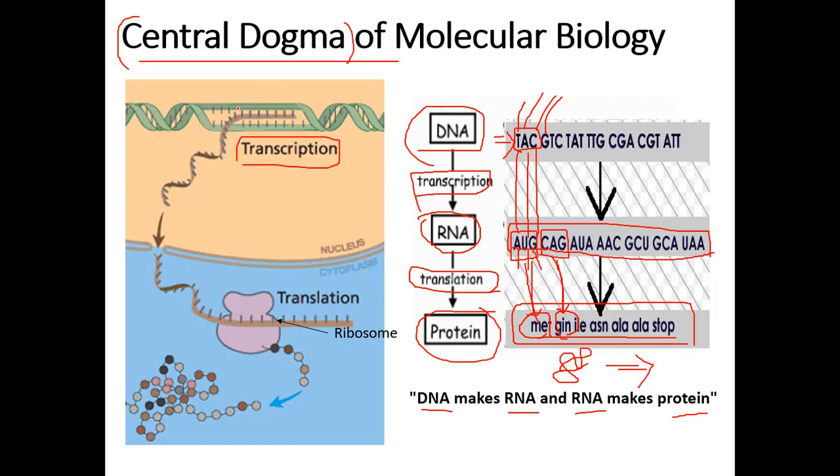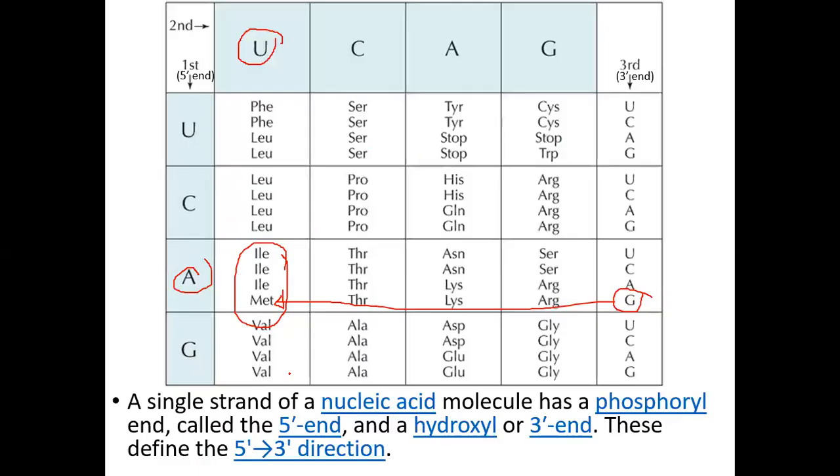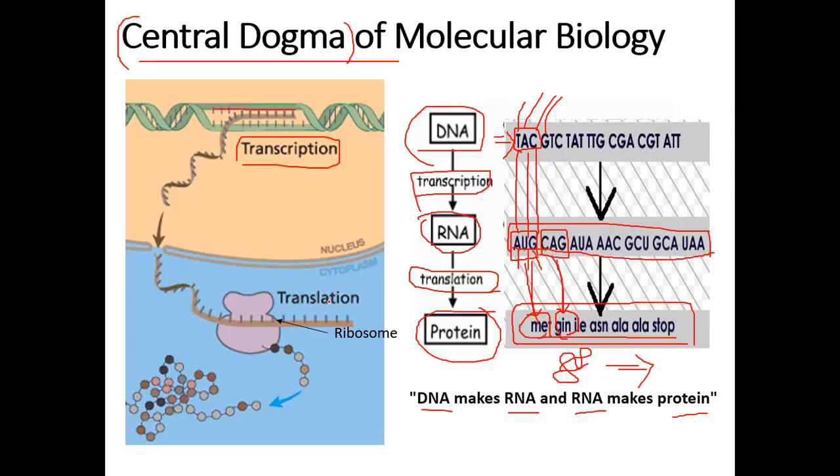So you can see here. This would look more like this. So this is the complementary strand of this strand. T, A, U, C, G likewise. And then if you look at this chart, you can identify each and every amino acid which corresponds to these codons.